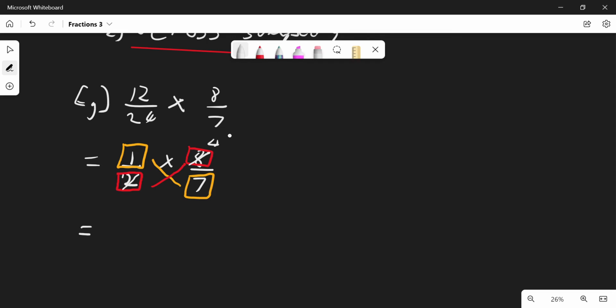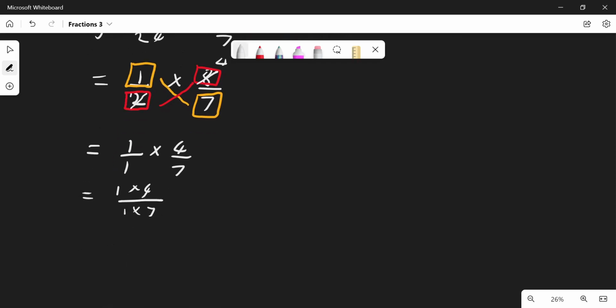So what we now have is 1 over 1 times 4 over 7, and that gives us 1 times 4 divided by 1 times 7. That's a very easy one. That is equal to 4 over 7. So that cross simplification property is very, very important.